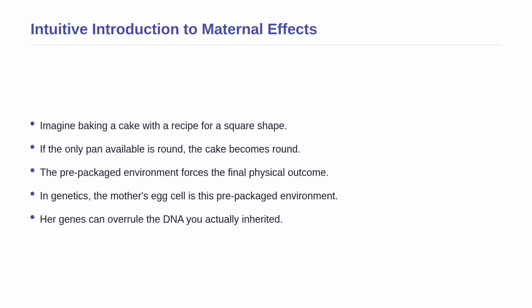In genetics, we usually assume that your own personal recipe, your DNA, determines your physical traits. But sometimes your mother pre-packages your very first environment, the egg cell, so strongly that her genes determine your physical traits. This completely ignores the DNA you actually inherited.